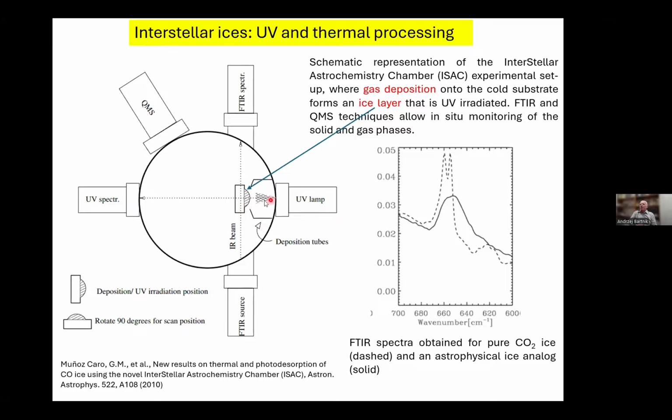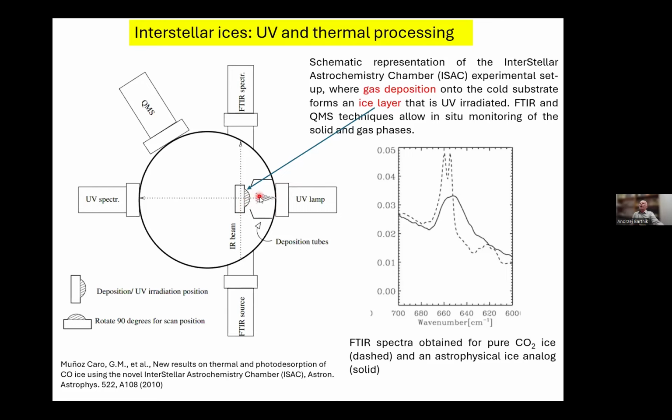Then they are irradiated by UV light, and it is warmed up, and there is also interaction of high energy photons with the ices.